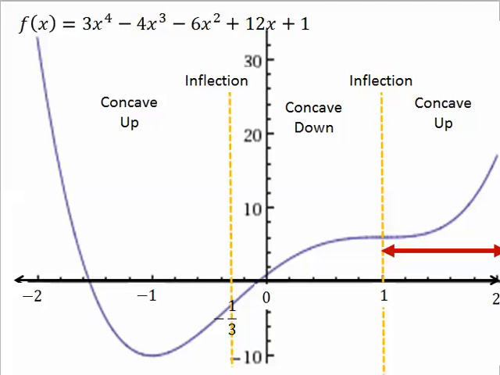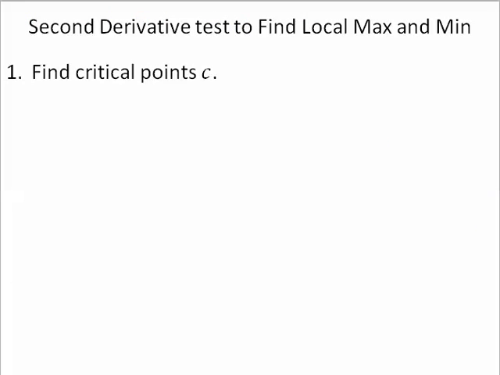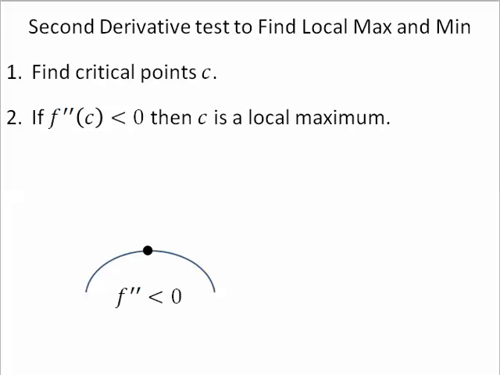I'd like to switch gears slightly and talk about something called the second derivative test. The second derivative test is a way of determining if a critical point is a max or a min, and here's how it runs. If you want to use the second derivative test, you first find critical points of a function.